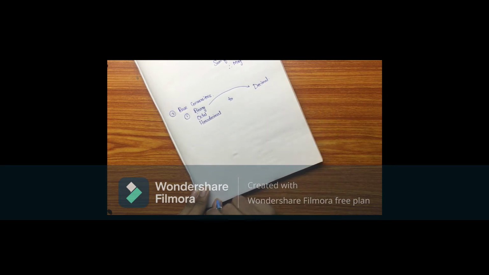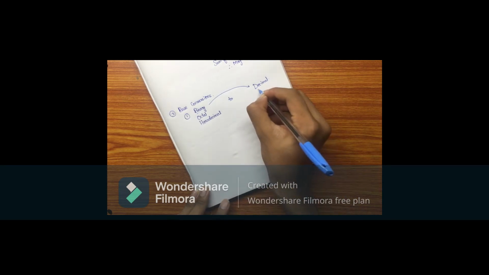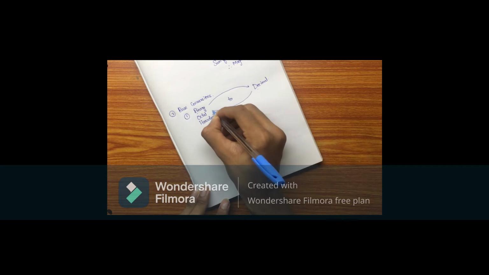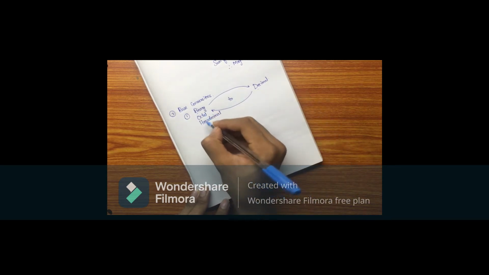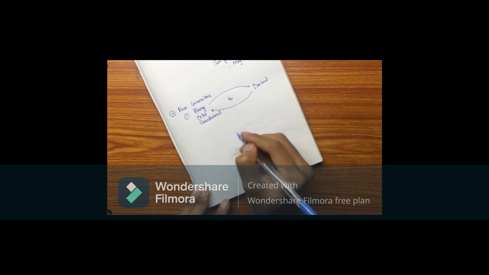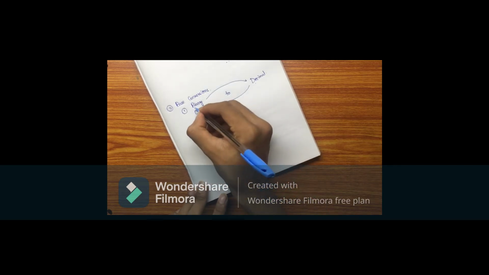We have only one process, and the reverse process will be similar. From decimal, if we want to convert to binary or octal or hexadecimal, we have another kind of process to apply.